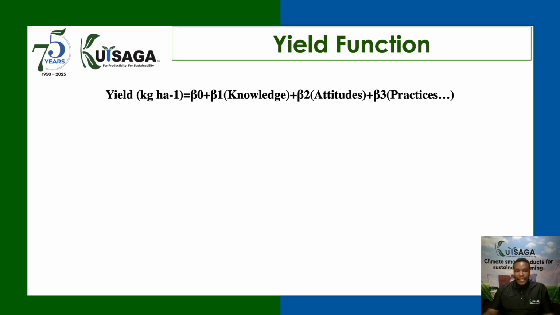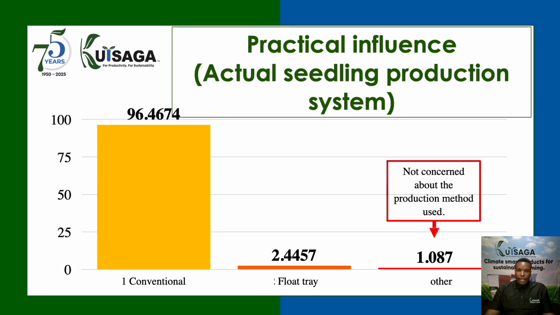Perception of certain techniques and technologies. Are you motivated to use those said techniques? And last but not least, we're looking at the practices, right? What are you doing as a grower? What technologies are you actually deploying on your farming enterprise?